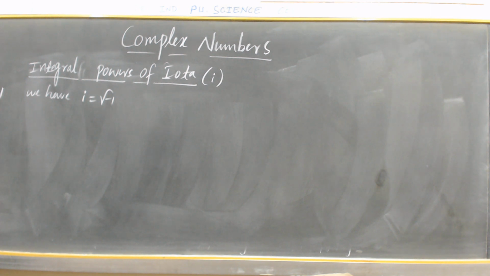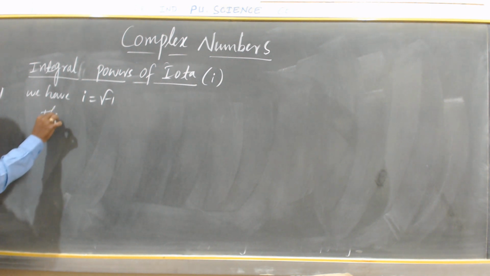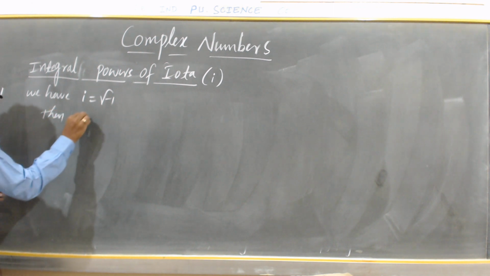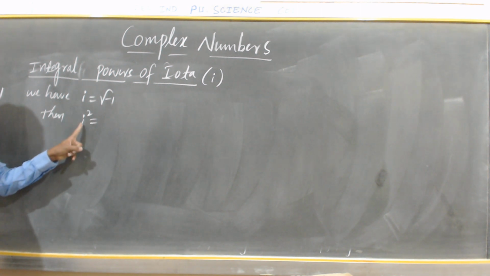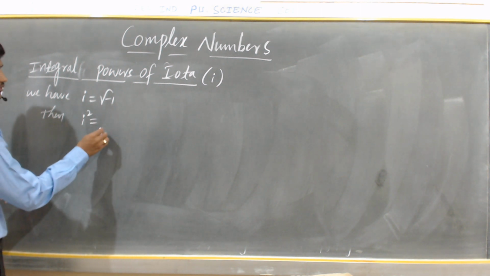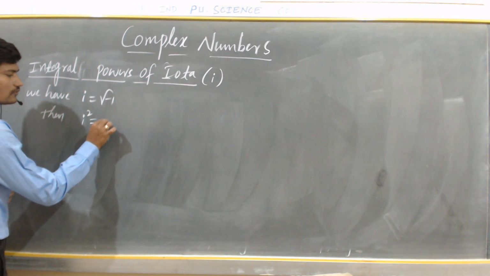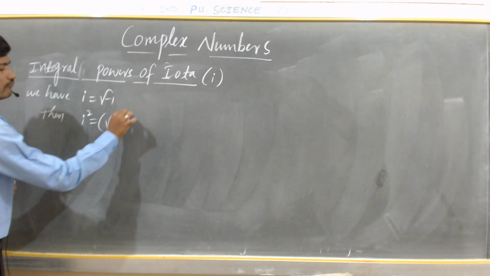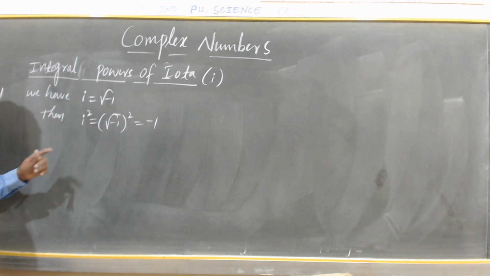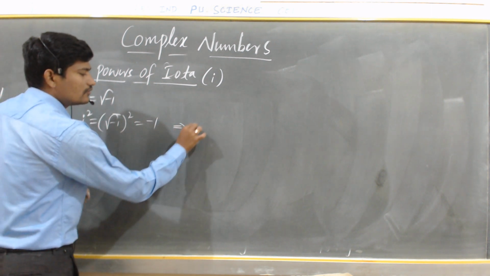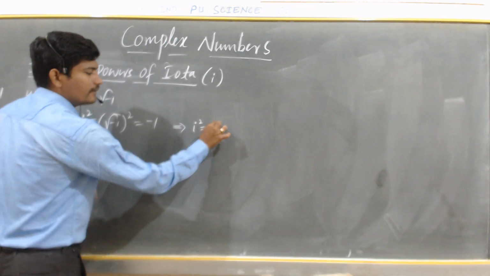Then if I want the value of i square, how do we write it? i square equals square root of minus 1, whole square. So the square root gets cancelled, and you will get minus 1. Which implies i square equals minus 1.